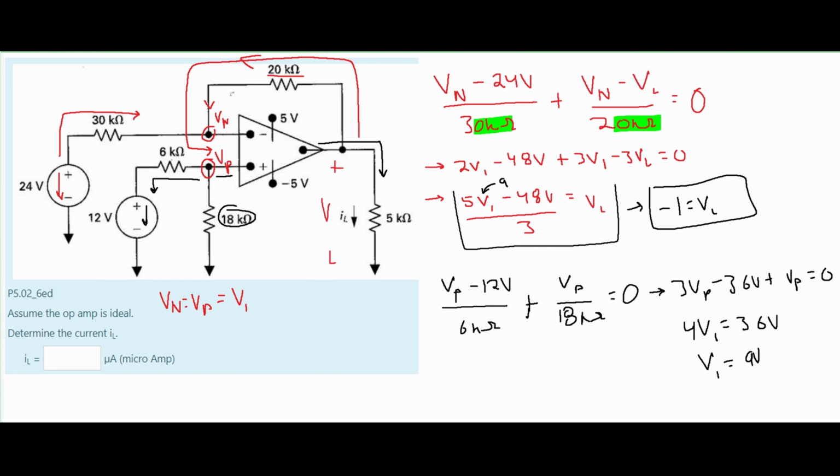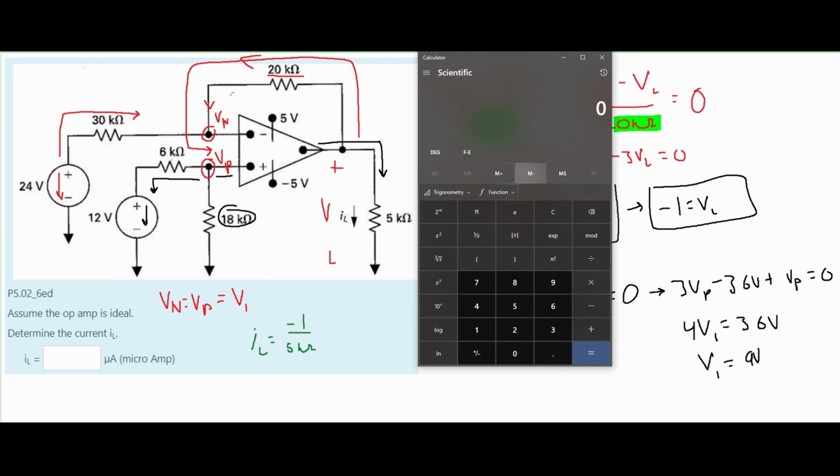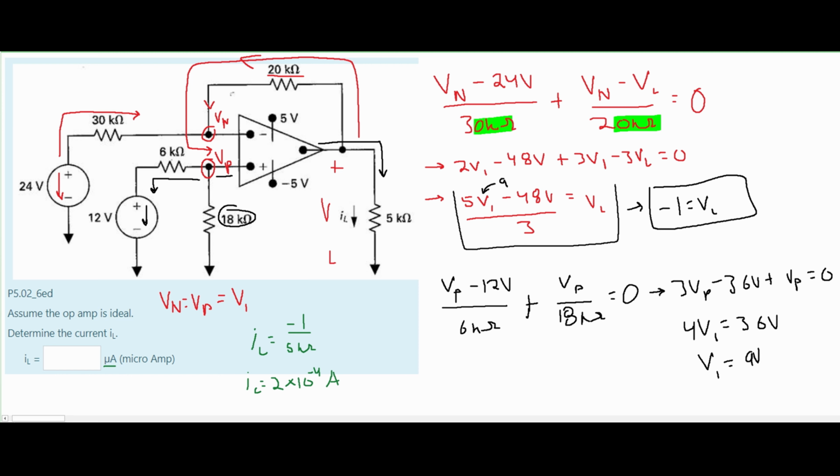Now we're going to use Ohm's law to find the current. We know IL is equal to VL over 5 kilo ohms. When we plug this into a calculator, we know that 1K is equal to 1,000. So we're going to have 1 divided by 5 divided by 1,000. And this is going to give us 2 times 10 to the negative 4. We want our answer to be in microamps.